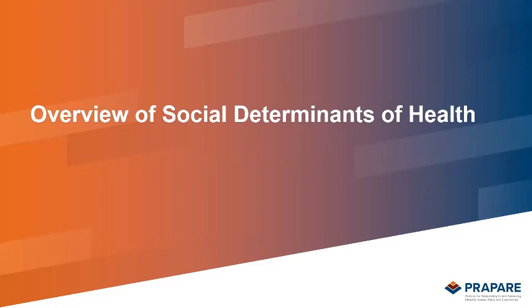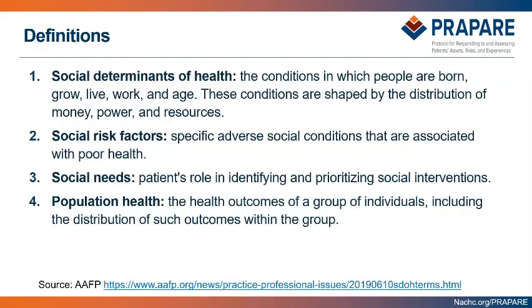To help set the stage, I will begin with a quick overview of social determinants of health. There are lots of terms that we use within the healthcare world, and it's always good to take a step back and define these terms we use. It can get confusing, especially since a lot of these terms are interchangeable. Social determinants of health is defined as the conditions in which people are born, grow, live, work, and age. These conditions are shaped by the distribution of money, power, and resources.